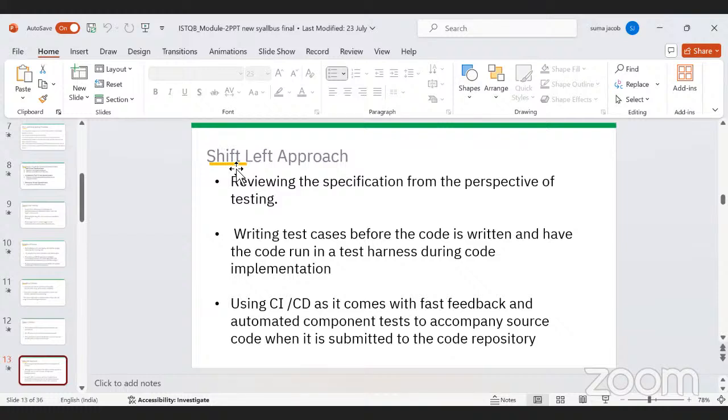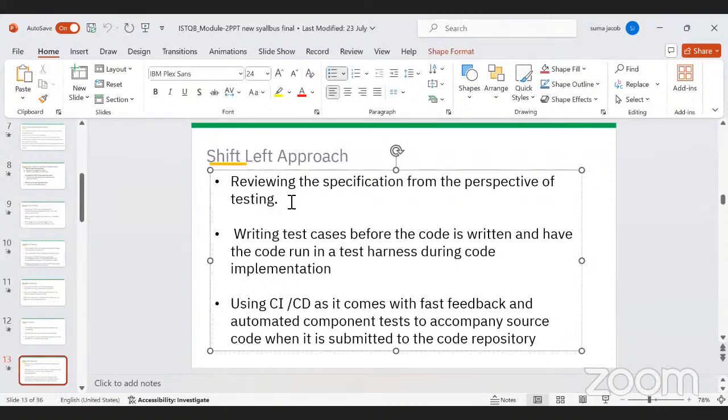So let's see a few ways in which we can implement the shift left approach. The first one is reviewing specifications from the perspective of testing. We have taken an example before of the banking application. We should be reviewing the documents, the requirements, or whatever test bases we have, from a perspective of testing, so that we can identify any ambiguities, issues, or gaps.